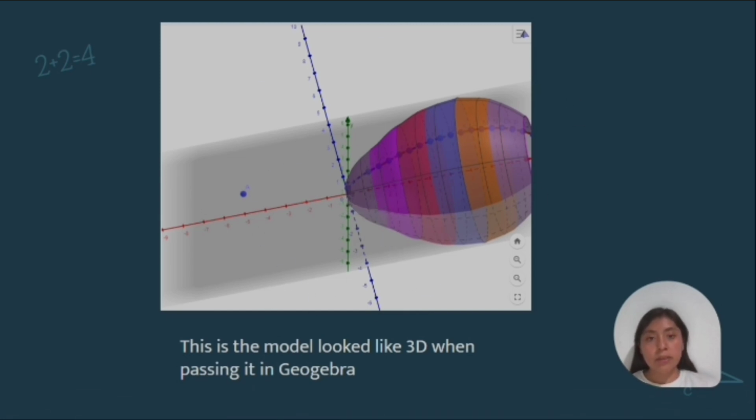Each color represents a function. This is the first function, the second function, and the rest, because we worked in segments to reduce the number of functions to be integrated.